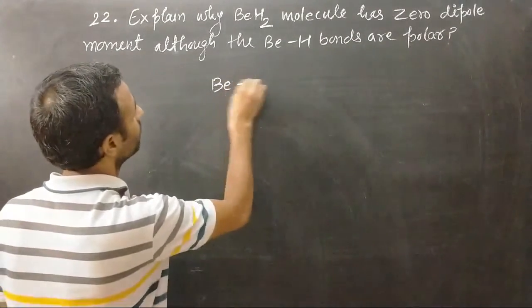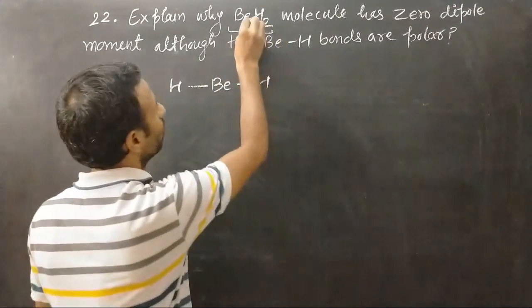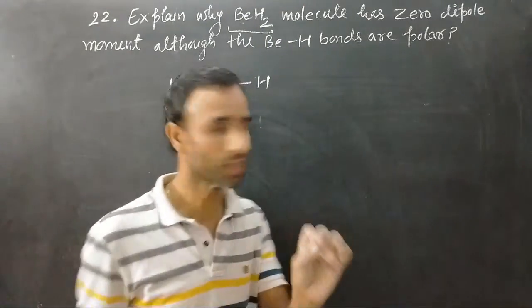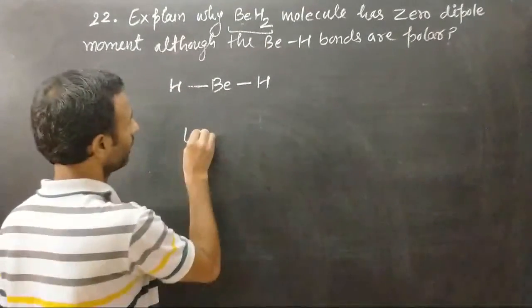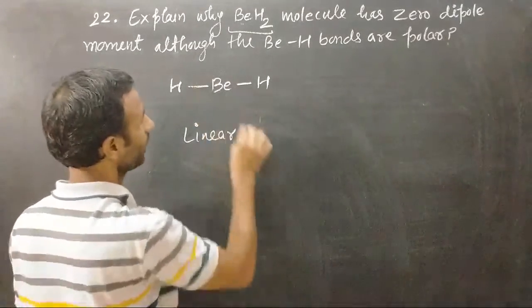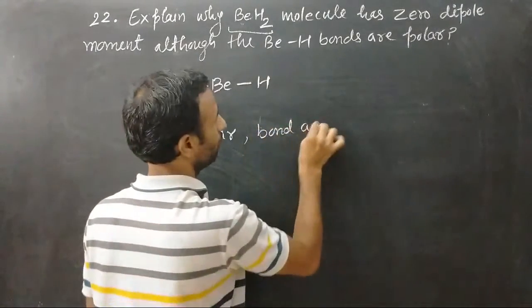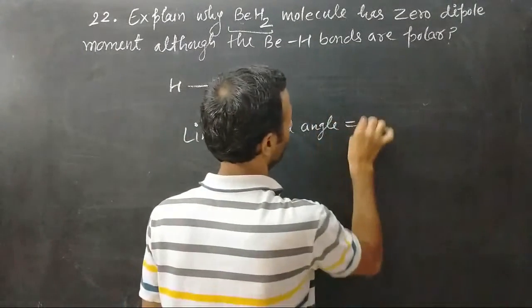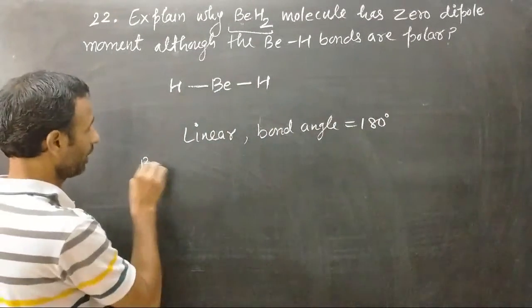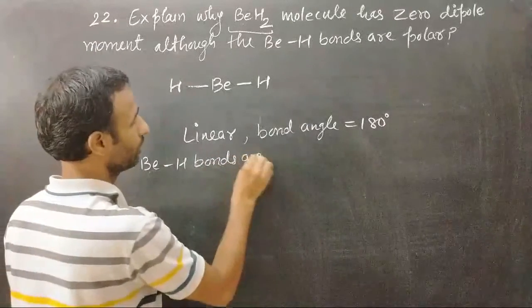See, in BeH2 the beryllium central atom has two bond pairs and no lone pair. So the geometry is linear and the bond angle is 180 degree, right?